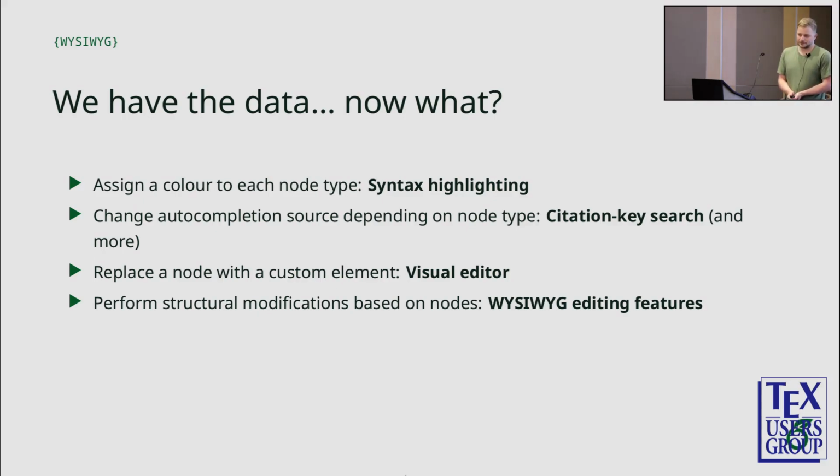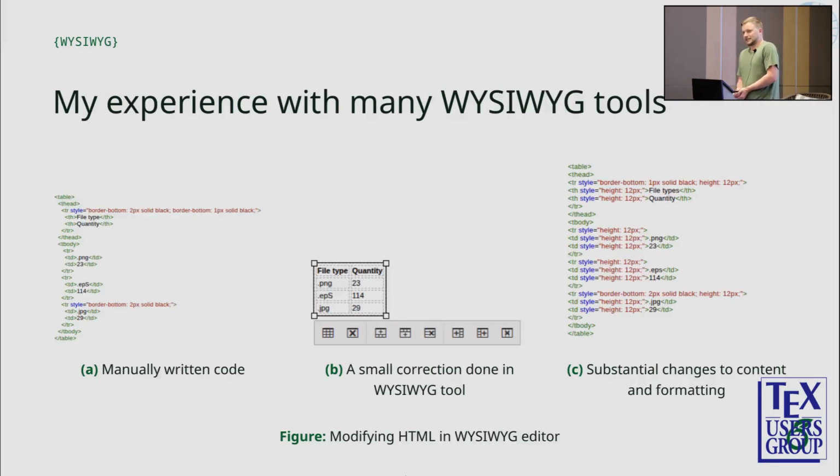And I want to spend a bit more time talking about WYSIWYG, because if you're like me, you could be a bit hesitant using such tools, and that's usually because you've had an experience like this. You have some handwritten code here on the left. That all looks good when loaded into the tool, and then you make a tiny little fix to this typo here, and your output suddenly looks like this on the right.